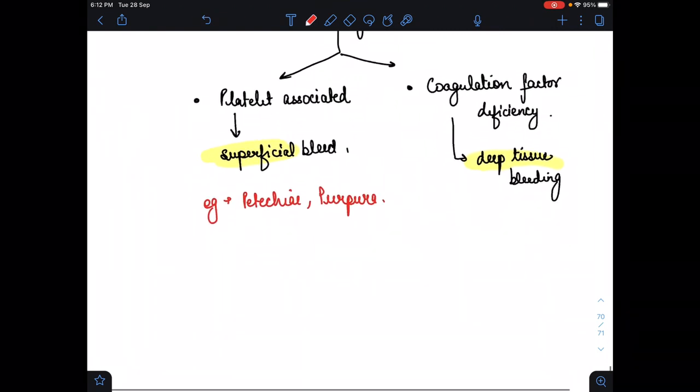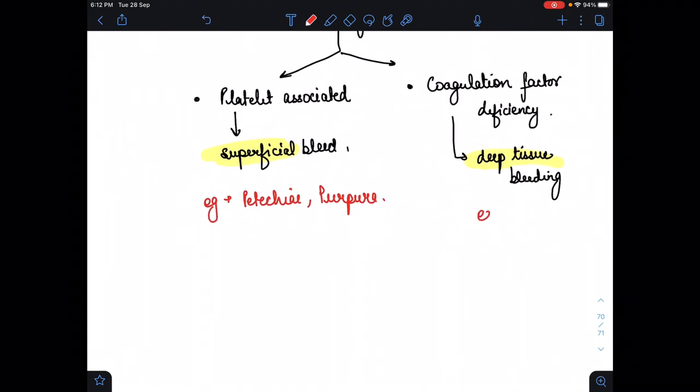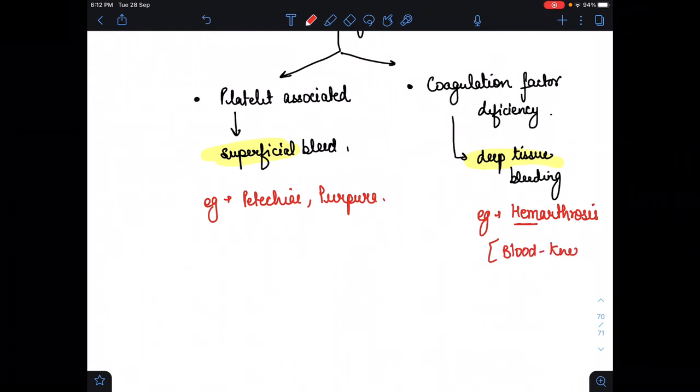For deep tissue bleeding, an example is hemarthrosis, when there is bleeding in the joints. Arthrosis means joint and hem means blood, so blood in the joints, or blood in the knee joints. It is an example of deep tissue bleeding.